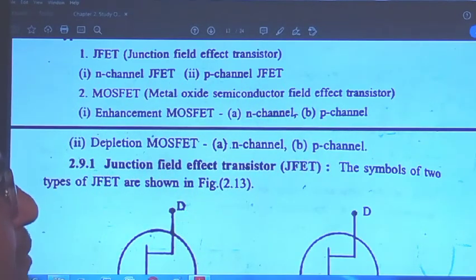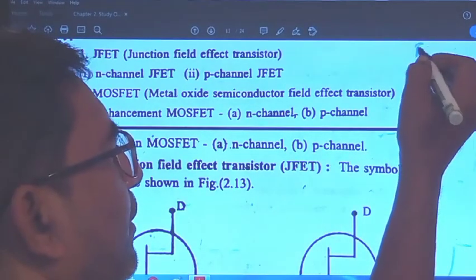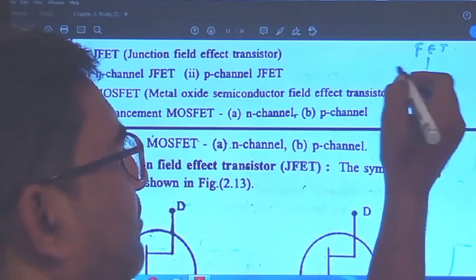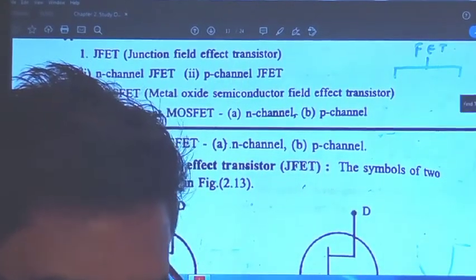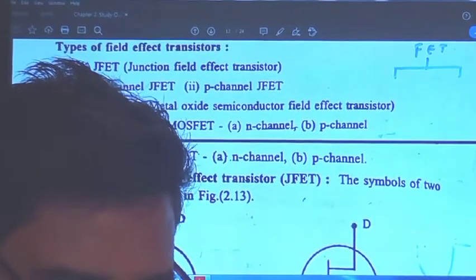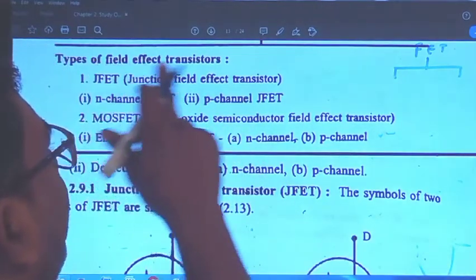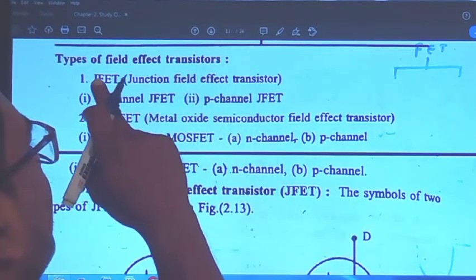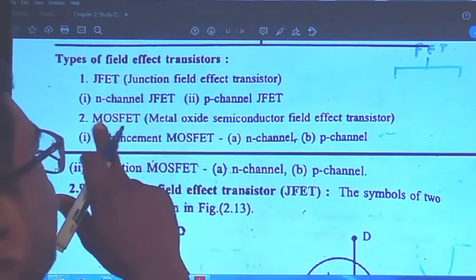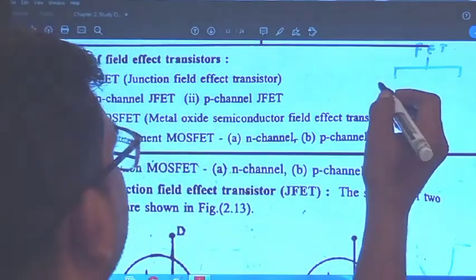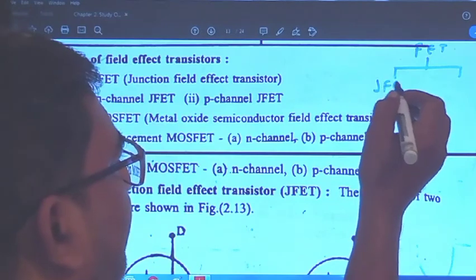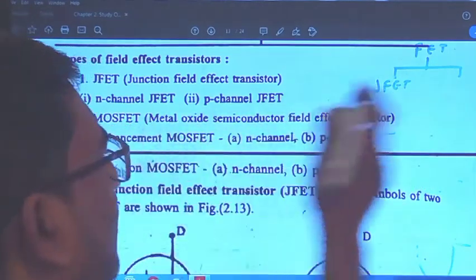Okay, here we will draw like this. The field effect transistor in front of you: the JFET is the first part and the second is the MOSFET.